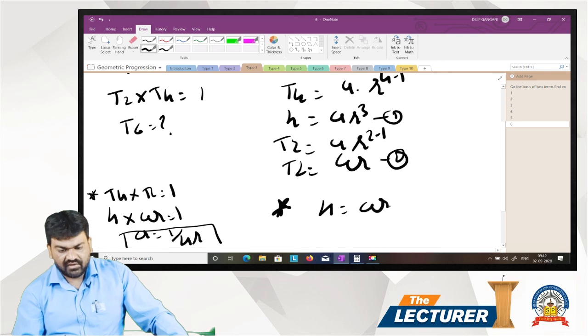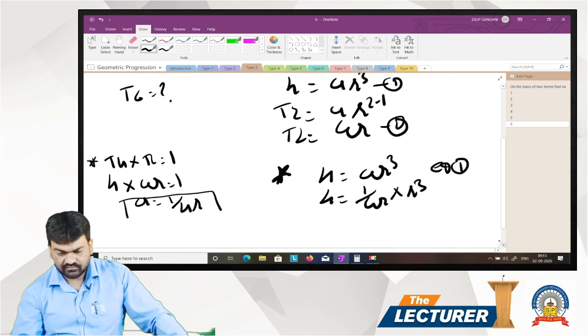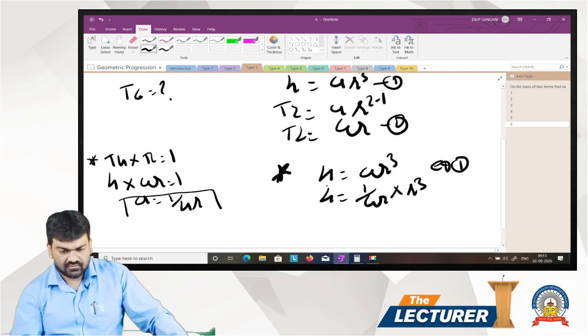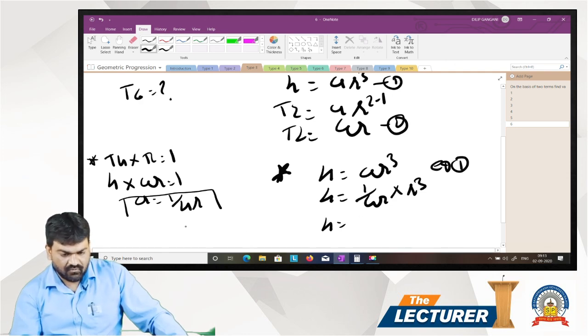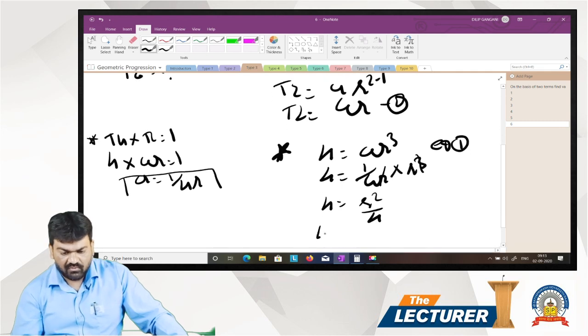4 is equal to AR cube, equation number 1. 4 is equal to, what is A? 1 by 4R multiplied by R cube. 4 is equal to R square divided by 4. 4 multiplied by 4, that is R square.